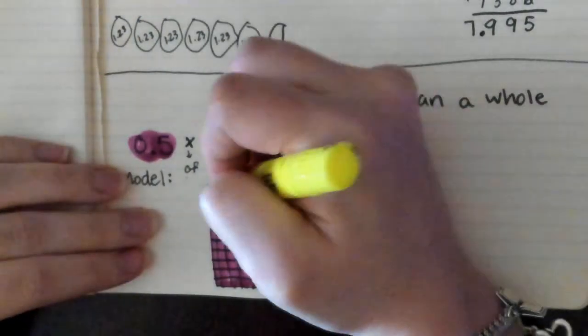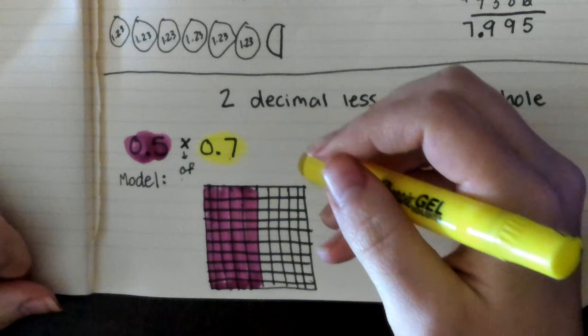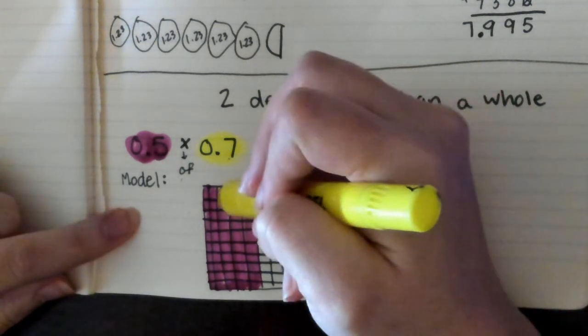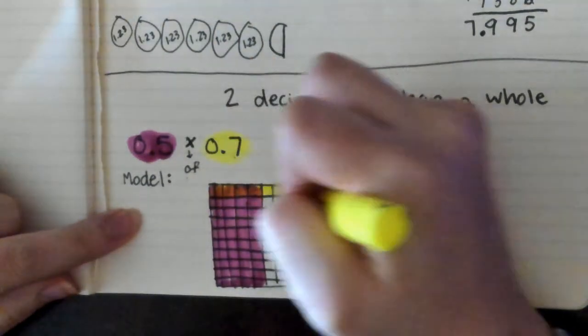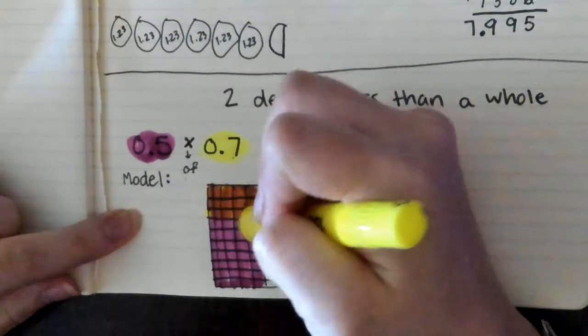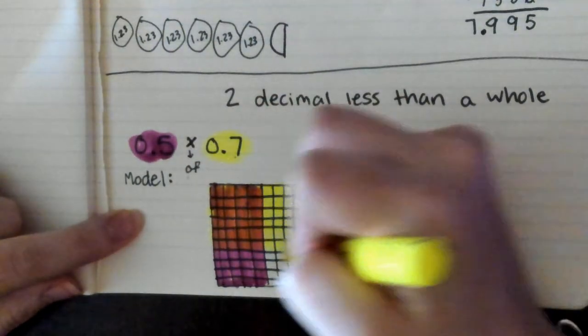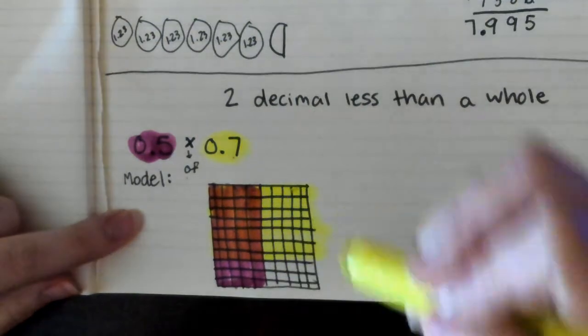And there we go. Go slow. Don't upset it. Okay. Gonna go sideways like this. I'm gonna go horizontal. And I'm gonna color in 7/10. So 7/10 is kind of almost the whole thing.